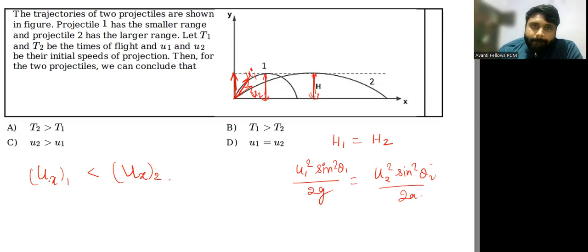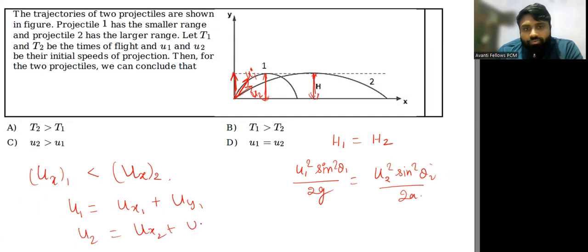Now, the total velocity u1 is given by ux1 and uy1, and u2 is given by ux2 and uy2.